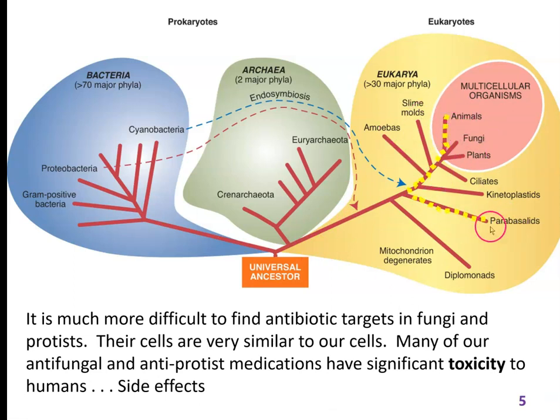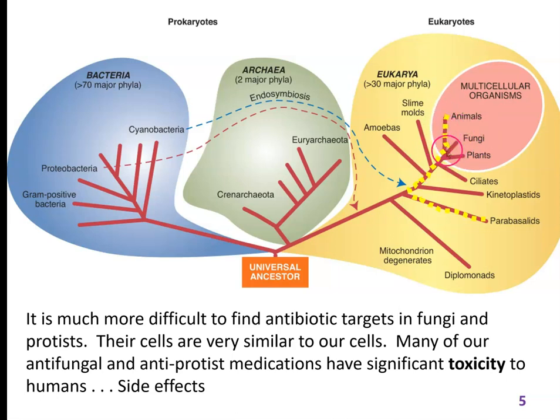If we, for example, think about parabasalids, there are pathogens in this group of protists. Well, their ribosomes aren't so different from ours. And the fungal ribosomes are going to be even more closely related to ours. So we can't come up with anti-ribosome drugs for treating a fungal infection very easily.